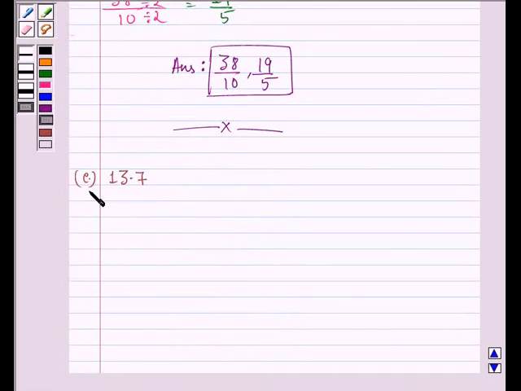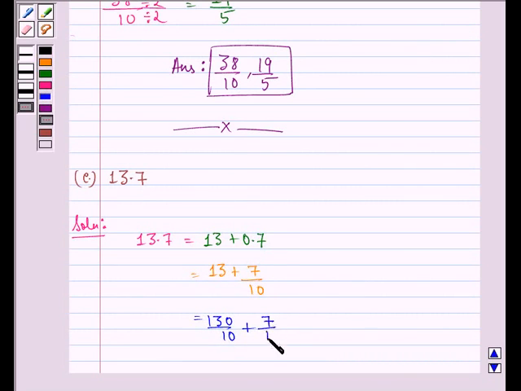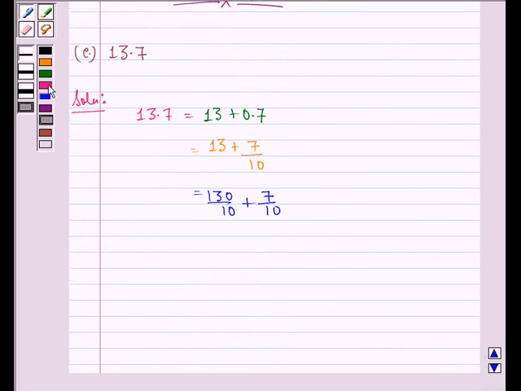Now let us see the E part of this question, that is 13.7. Let us see the solution to this one. Now we see that 13.7 can be written as 13 plus 0.7, which is equal to 13 plus 7 by 10, which is equal to 130 by 10 plus 7 by 10, which can be written as 137 by 10.